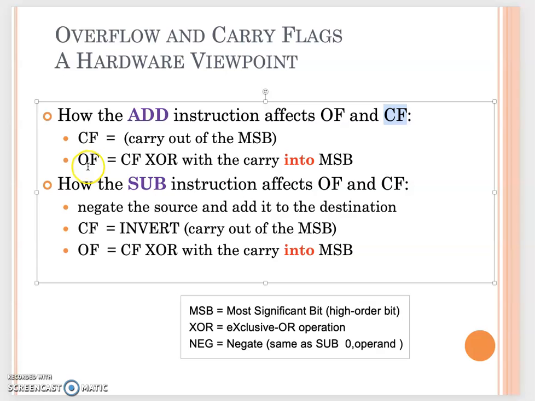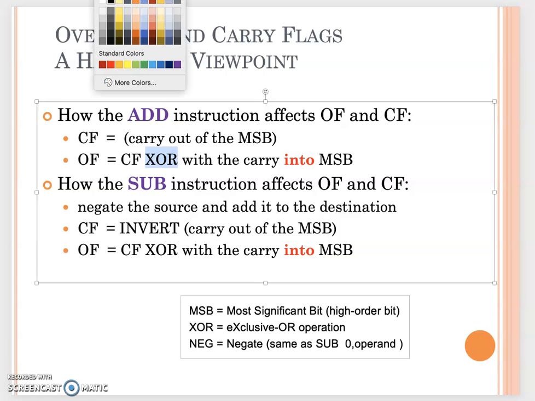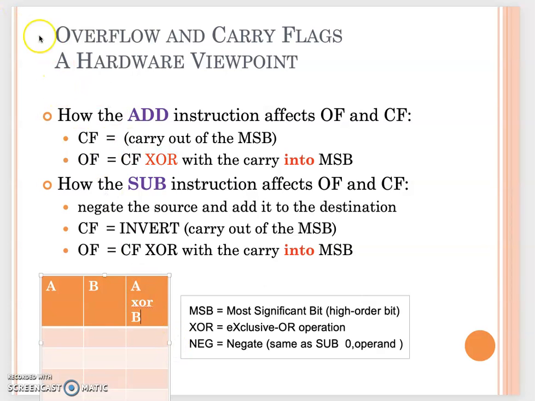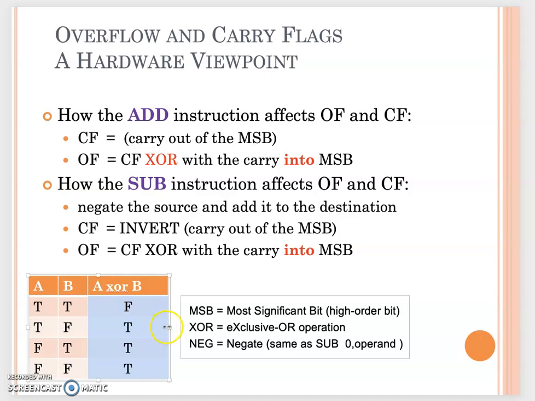Then the overflow flag uses the carry flag value with inclusive OR. Do you remember what inclusive OR is? We talked about it a little bit. Here is the inclusive OR truth table.